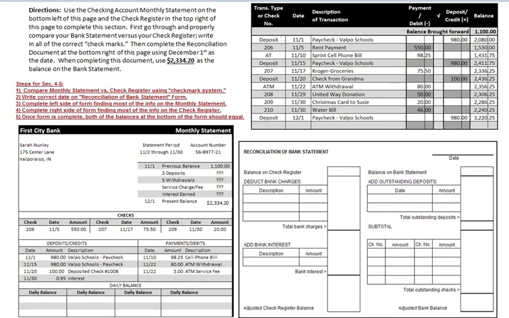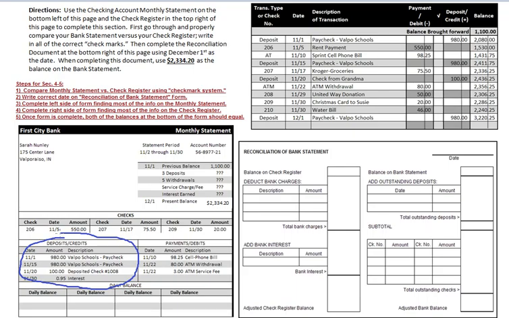Our very first transaction is a deposit on 11/1. And what we're going to do is we're going to look for this deposit from Valpole Schools for $980. So we'll go over here and we'll try and find the deposit section. And what I'm looking for is a deposit from Valpo Schools somewhere around November 1st.